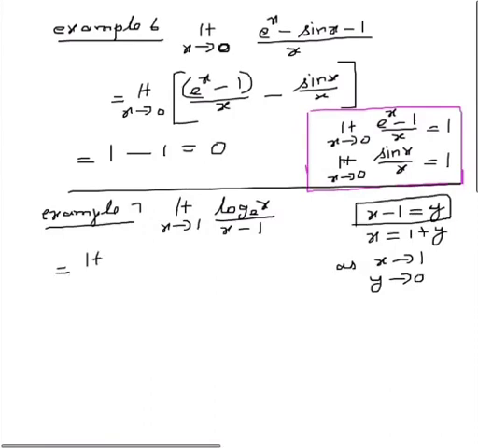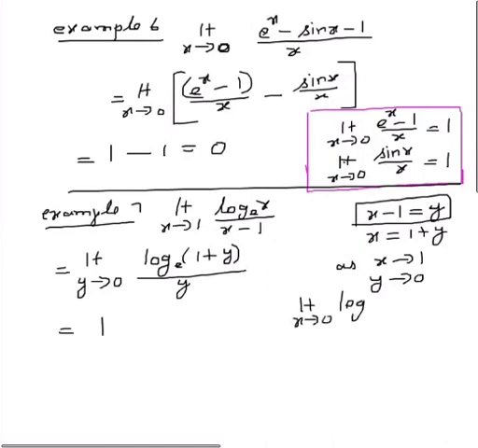Now let us change in terms of y. Limit y tending to 0 of log of x, that is 1 plus y, to the base e divided by x minus 1, that is y. And we have a formula. Therefore this becomes 1. The formula is limit x tending to 0 of log of 1 plus x divided by x is 1.